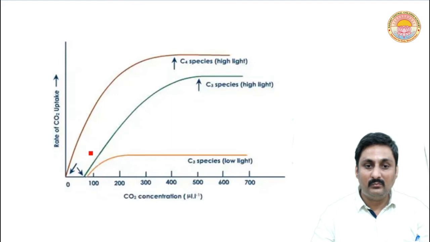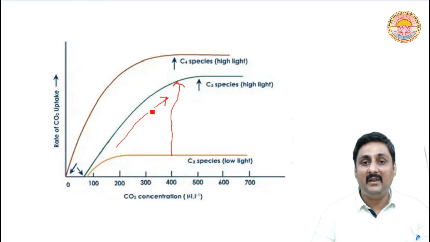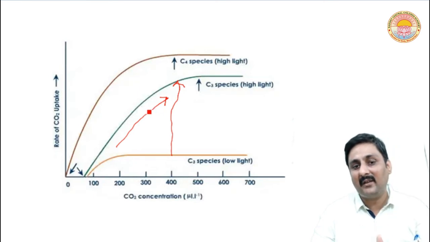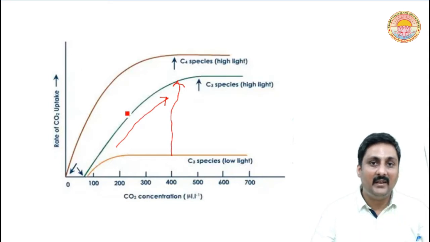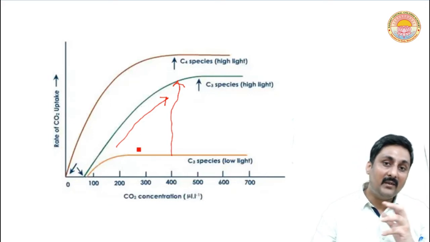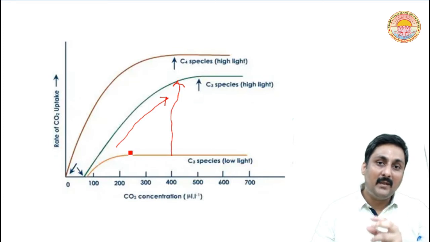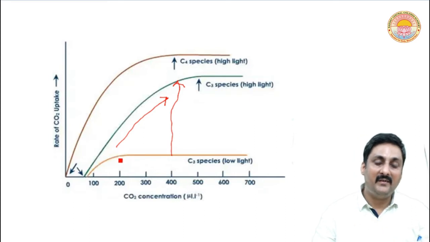Therefore, you can see here, as you increase the carbon dioxide concentration, you see the saturation limit for C3 plants is much higher for carbon dioxide concentration. That means if you increase carbon dioxide concentration, the rate of photosynthesis will also increase in case of C3 plants, but not in C4 plants, because in C4 plants, rubisco enzyme already gets carbon dioxide in a very pure amount in the bundle sheath cells.